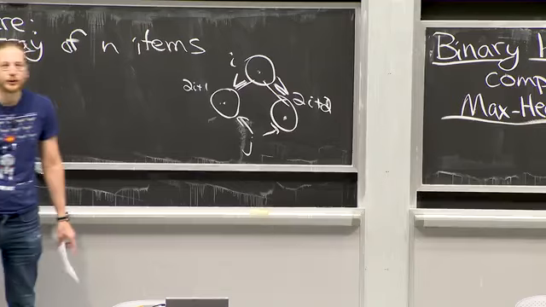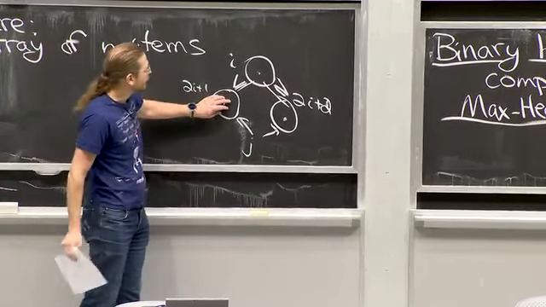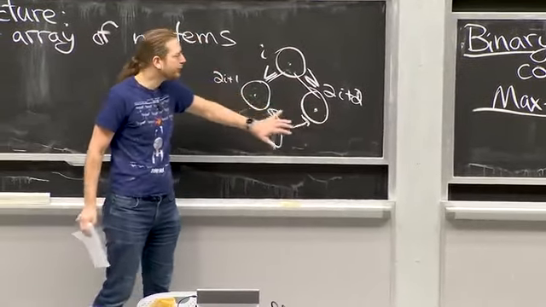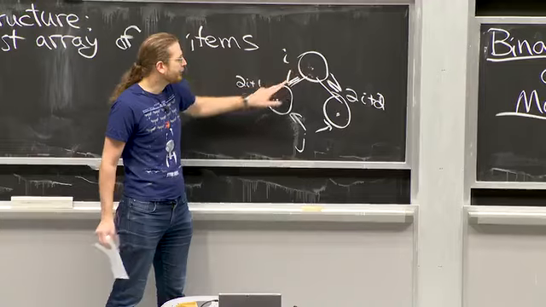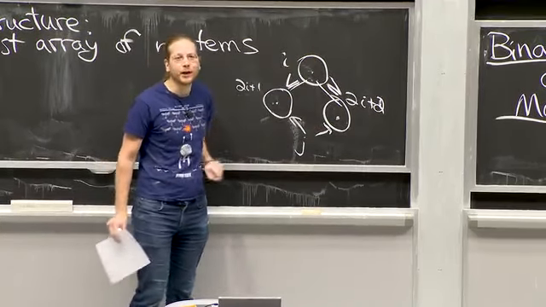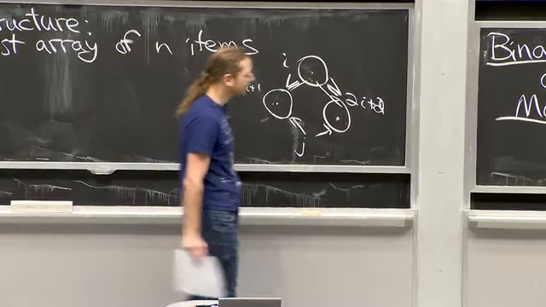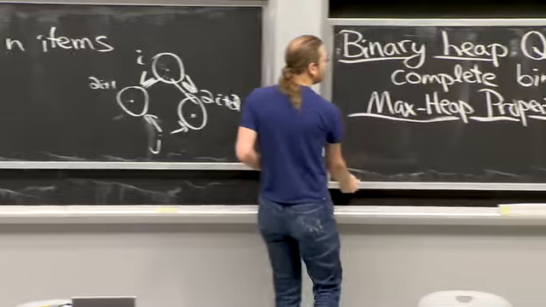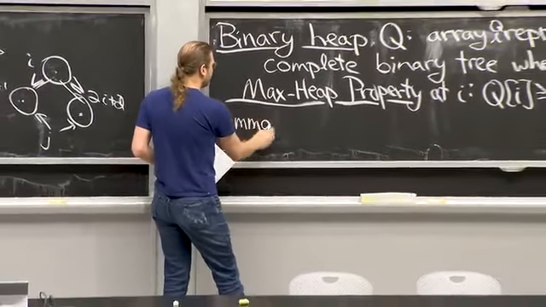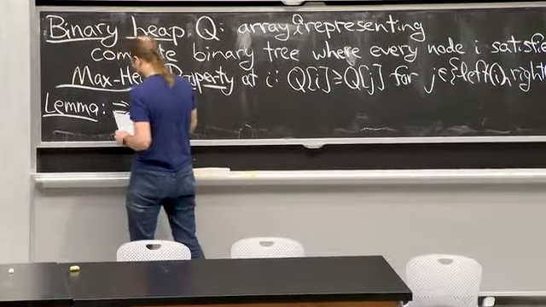Very different from binary search trees or set binary trees where we said these guys were less than or equal to this one, which was less than or equal to all the nodes in this subtree. Here we're just locally saying this node is greater than or equal to this node and this node. So the biggest is at the top. One nice lemma about these heaps, let me give you some more intuition.